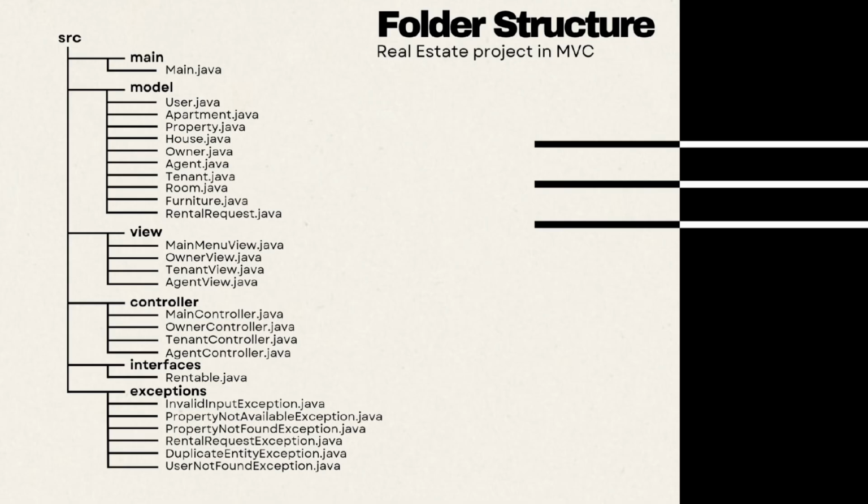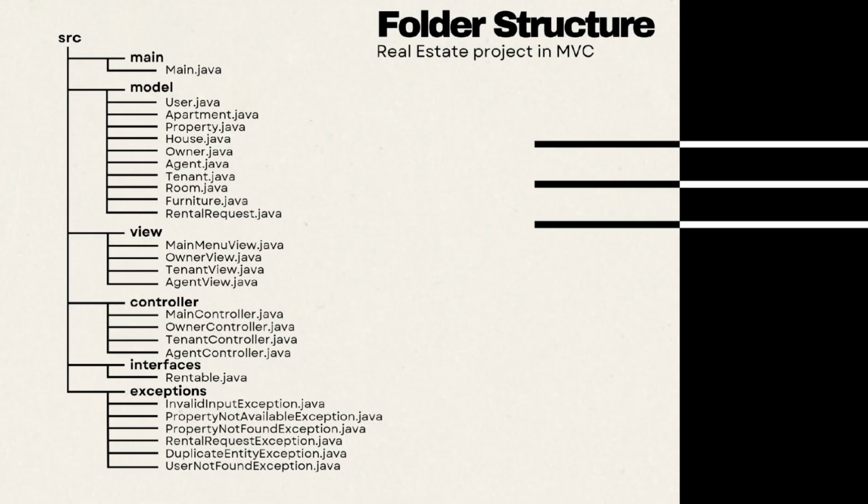I'm Ganume, and next I will explain how the MVC architecture is applied in our property management system. First, we have the model layer. The model layer represents the data and business objects used in the system. It is responsible for storing and managing application data.